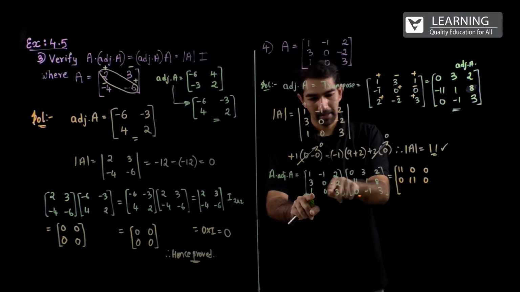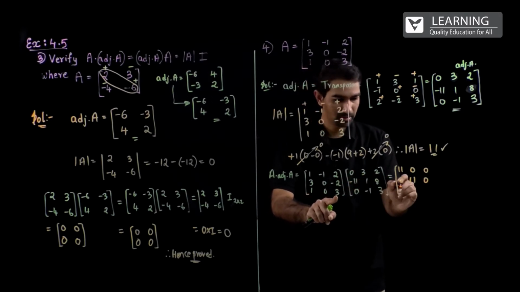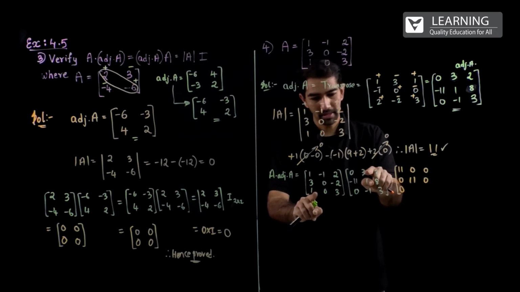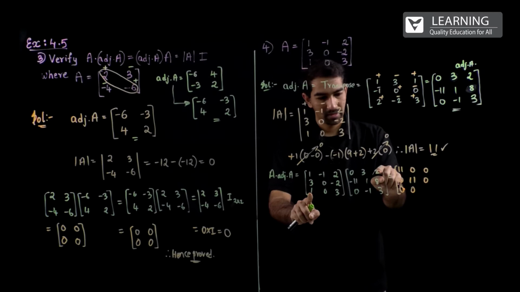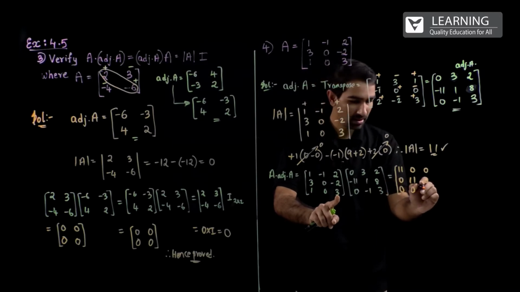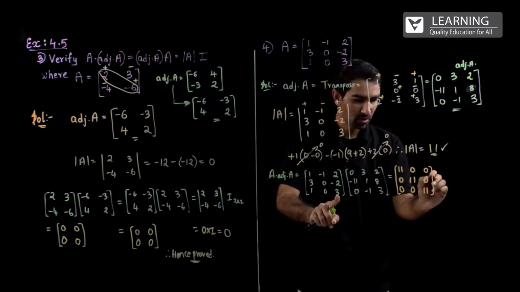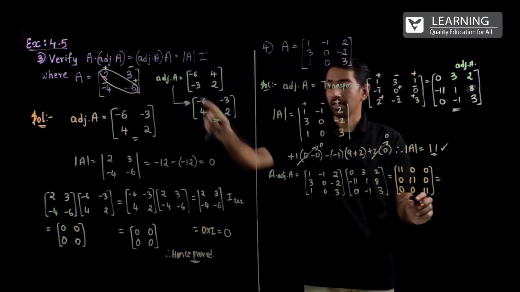Next, third row into first column: 0, 0, 0, then 3, 0, minus 3, then 2, 0, 9. 9 plus 2 is 11. So what is this? This is our A into adjoint of A.